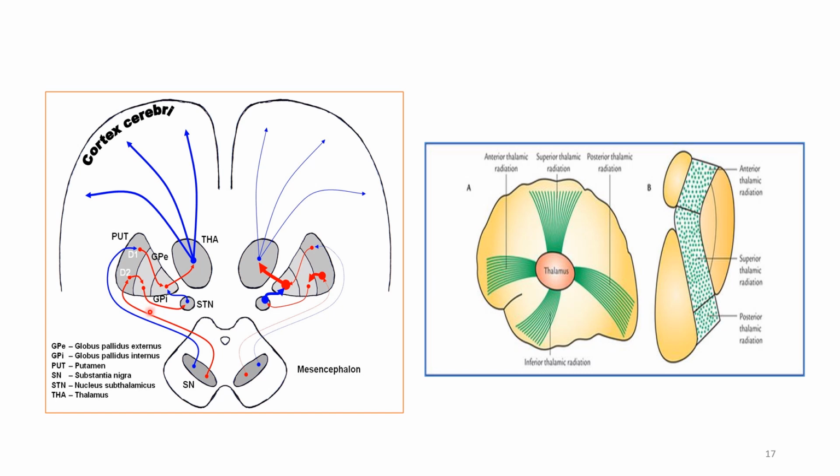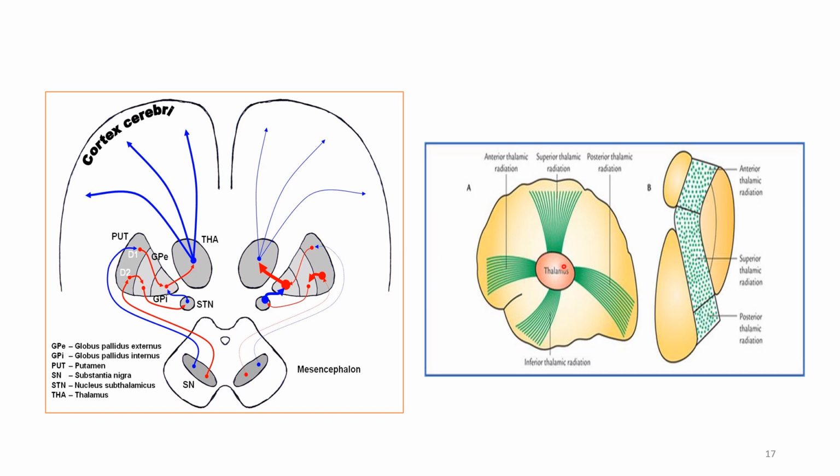Then to substantia nigra and to subthalamic nucleus, to the globus pallidus internus and thalamus, or through substantia nigra also. Okay, so the ultimate pathway is from globus pallidus internus to the thalamus.